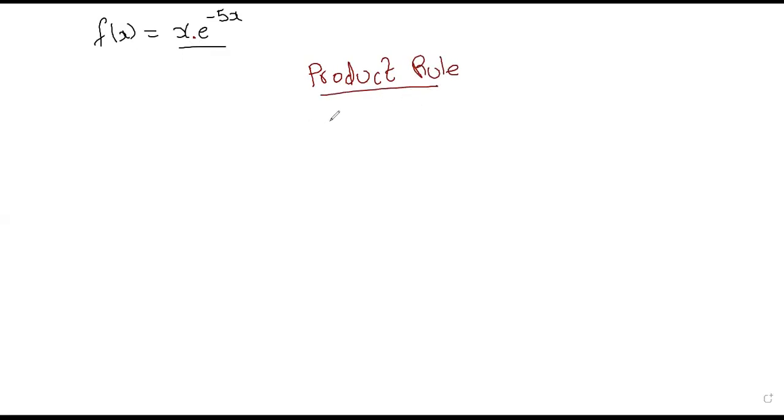Okay, product rule. Let's say you have a function f of x and g of x. Let's say that your question was x square into 2x plus 1. This is what you were asked to differentiate. So can we just say that x square is f of x and 2x plus 1 is g of x, as in these are two functions of x?